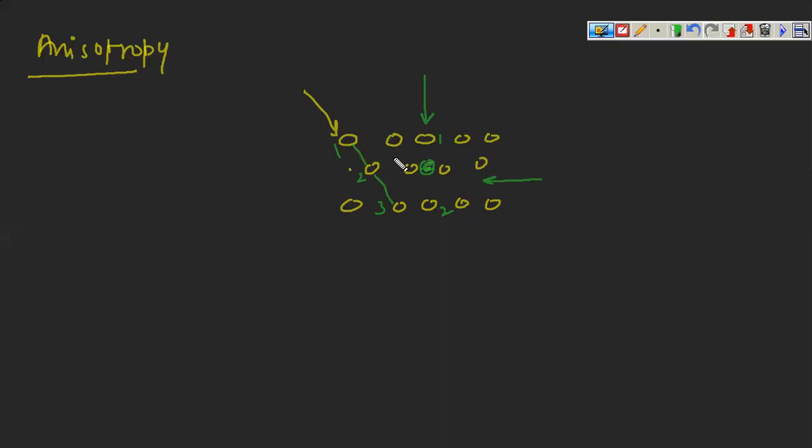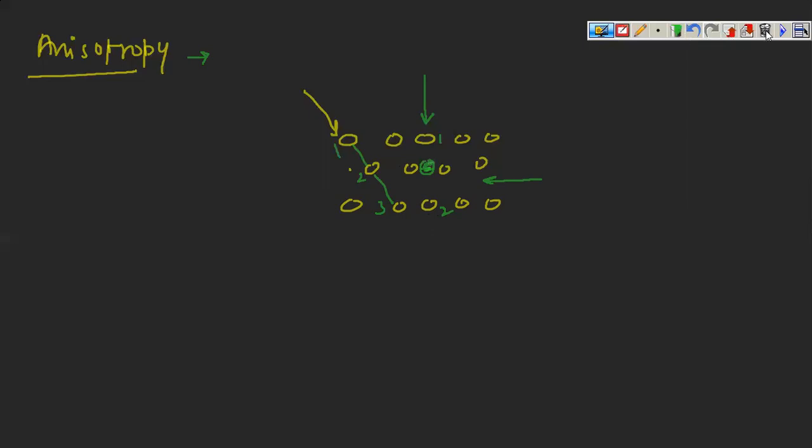Light can pass through here. So if you change the angle in a crystalline solid, you will find a different magnitude of some properties. So we say crystalline solids are anisotropic.